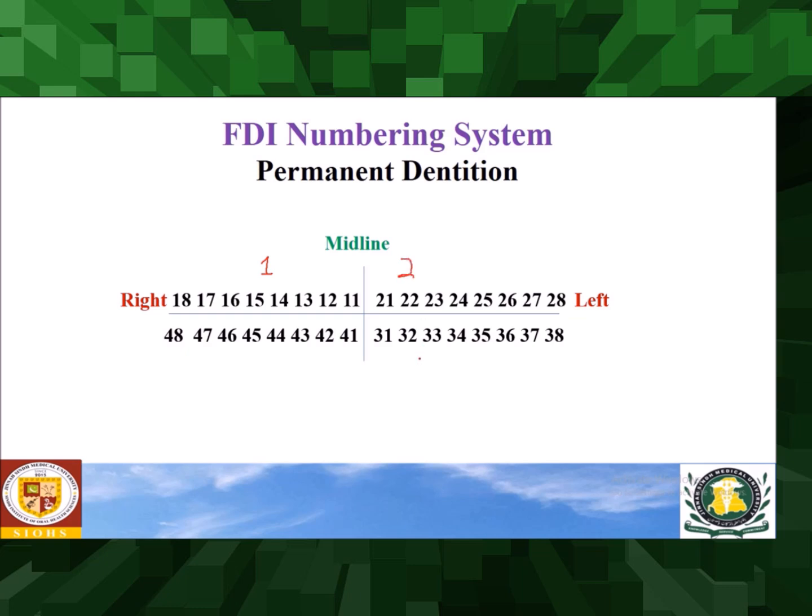Number 3 is the mandibular left quadrant, and number 4 is the mandibular right quadrant. The second digit indicates the tooth number, 1, 2, 3, 4, 5, 6, 7, 8, and this is the same for all of the arches.